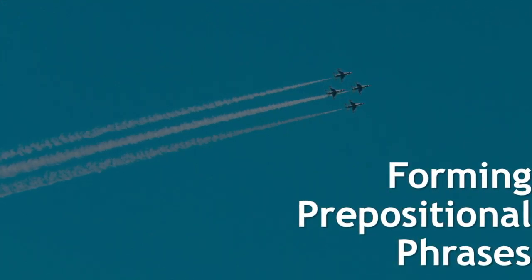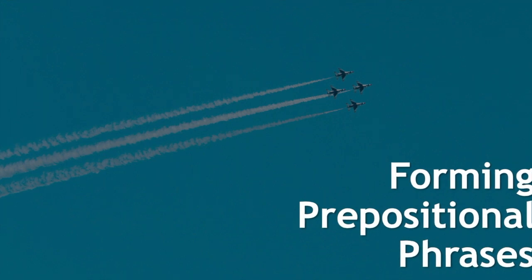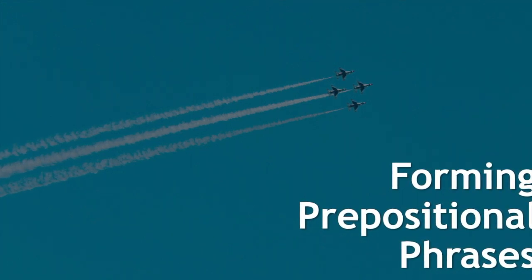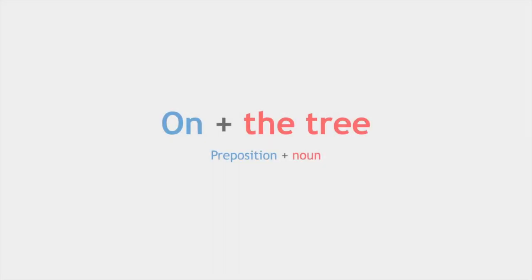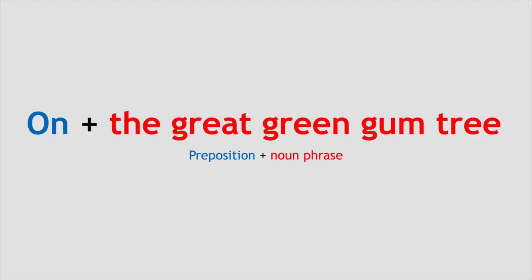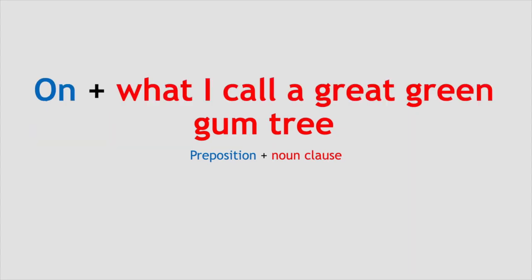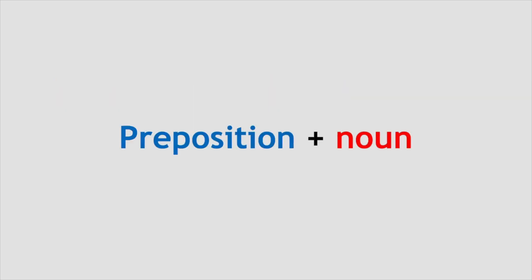So what comes after a preposition to form a prepositional phrase is always a noun, like on the tree, a noun phrase, on the great green gum tree, or a noun clause, on what I call a great green gum tree. So the general formula is then preposition plus noun.